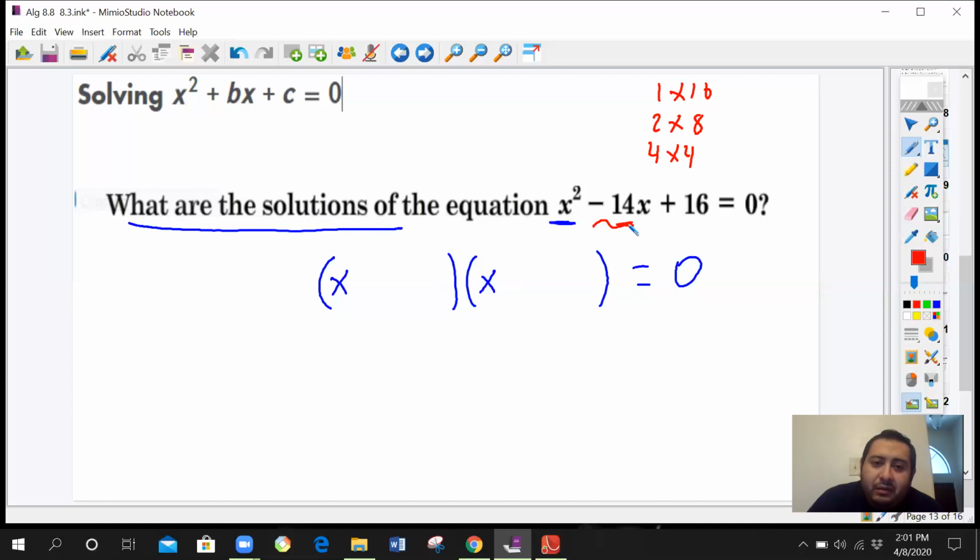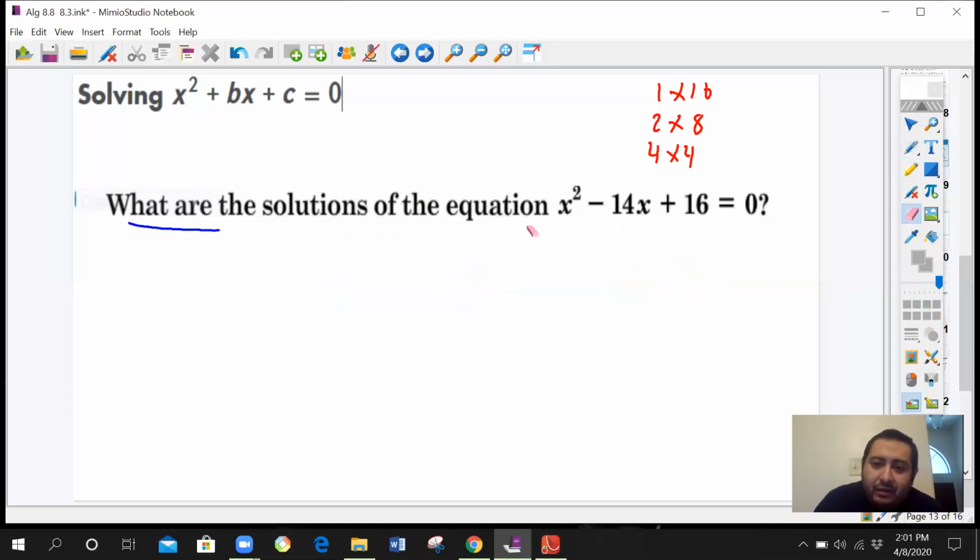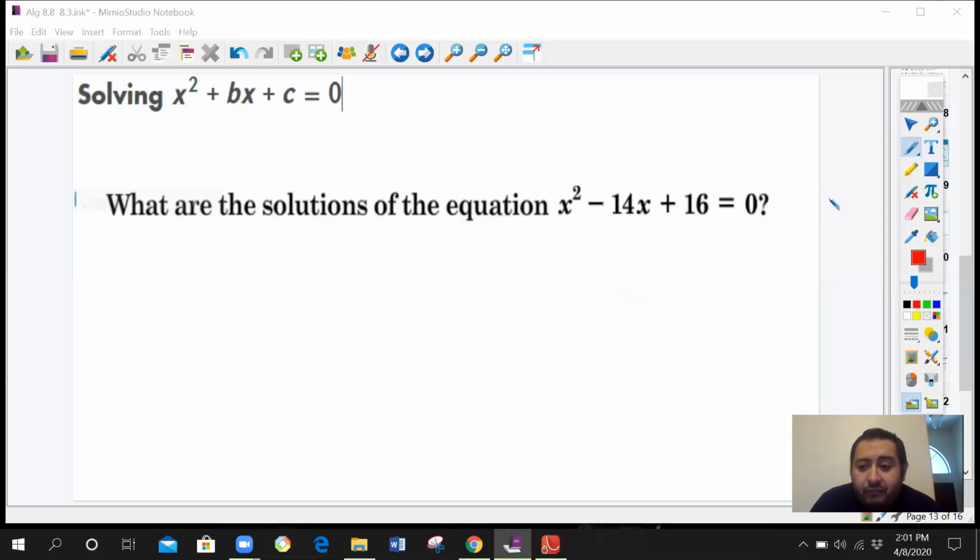So what are you going to do next? Well, in this occasion, we apply completing the square. This is the method that works very well in these special occasions. So by completing the square again, we have our b over 2 and then squared.